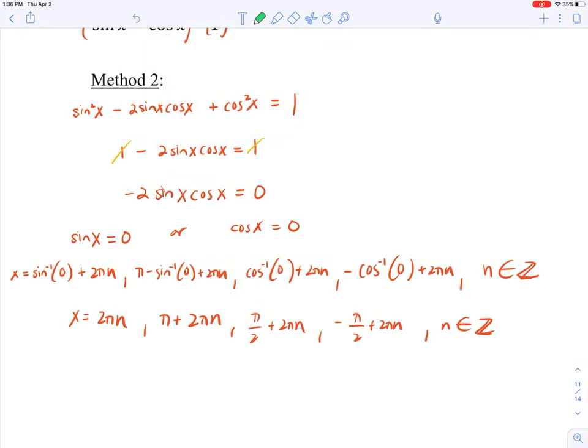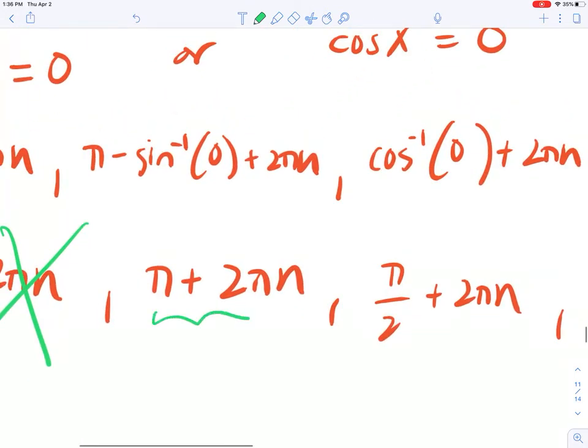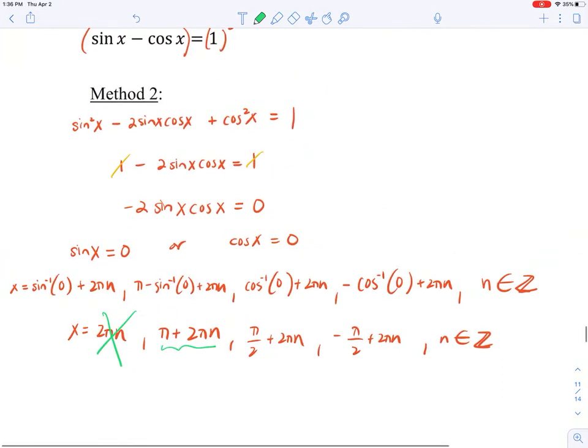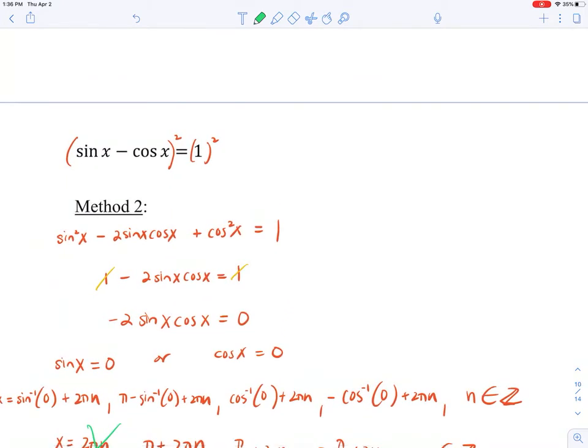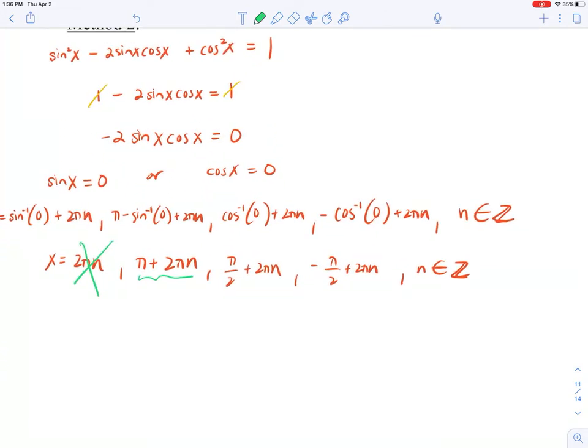So 2 pi n is an extraneous solution. If n were equal to 0 for the second piece, we would have pi. If we plug in pi, sine of pi is 0. Cosine of pi is -1. So -1 times -1 is 1. We end up with 1 equals 1. So pi plus 2 pi n checks out.